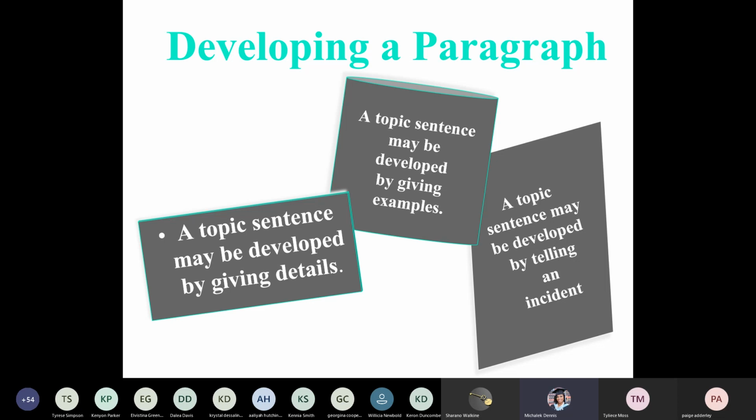Yes, supporting details, but what can you use as supporting details? Quotes, okay. Anyone else? Brittany says clues. What do you mean by clues?